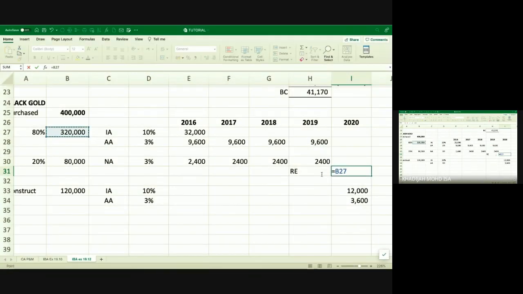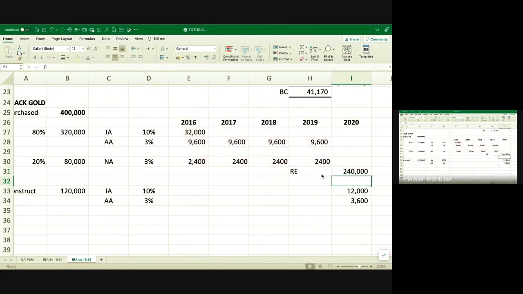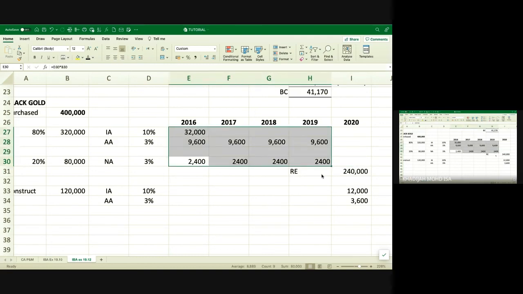You only have 320 now, but you minus the sum of all allowances, including notional allowance. So your claim would be higher, and your RE would be lower, to 240, because you have to take your notional allowance into consideration in computing your RE.